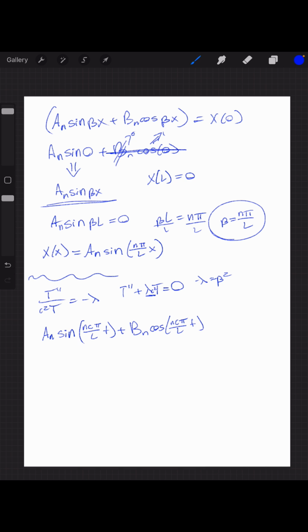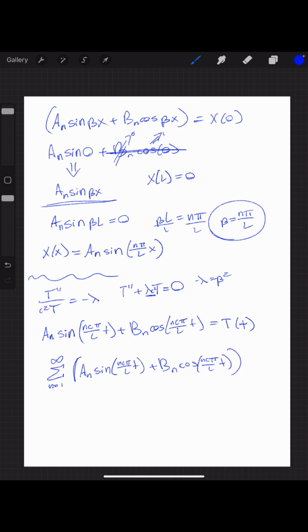So if we put this together, because this is our solution to T(t), we get the summation n equals 1 to infinity of, we put the T first, a_n sine n c pi over L times t plus b_n cosine n c pi over L times t, multiplied by, there is an a_n term in front of here.